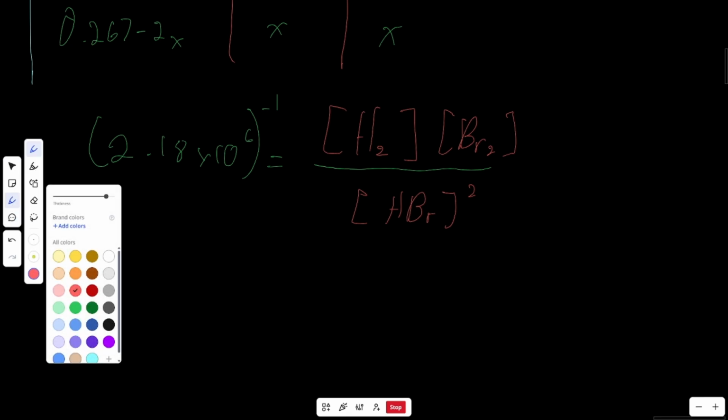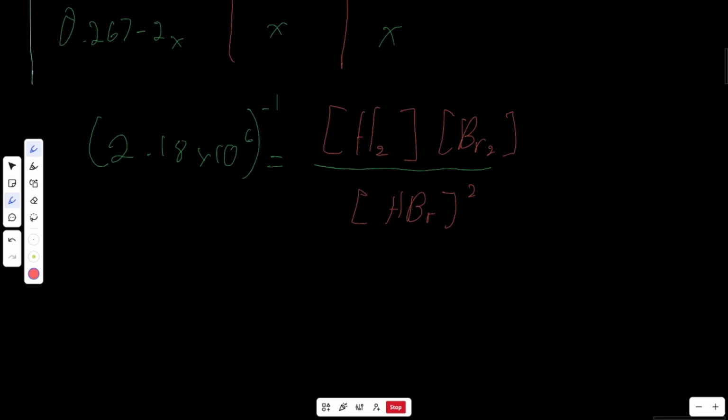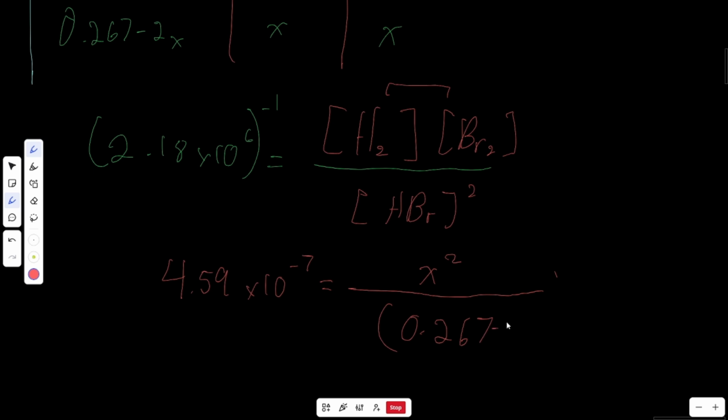If we take 2.18 times 10 to the power of 6 and make this to the power of negative 1, we'll get an answer of 4.59 times 10 to the power of negative 7, which is equal to x squared, since these two are both x, over 0.267 minus 2x squared.